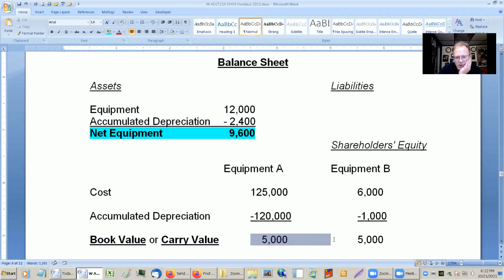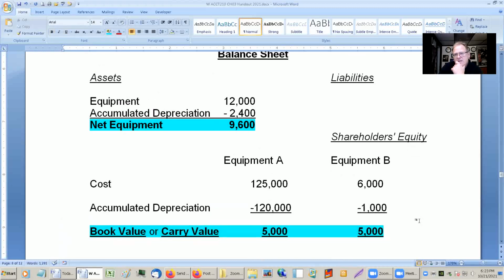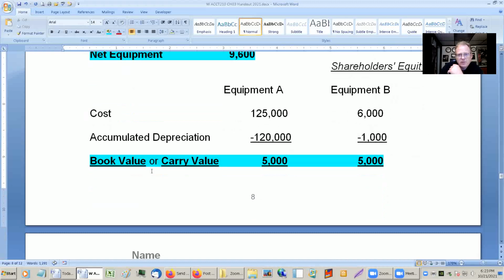So the carry value for both of these is $5,000. Now notice if you just showed this on the books, and not the rest of this, you'd think that these were both about the same.